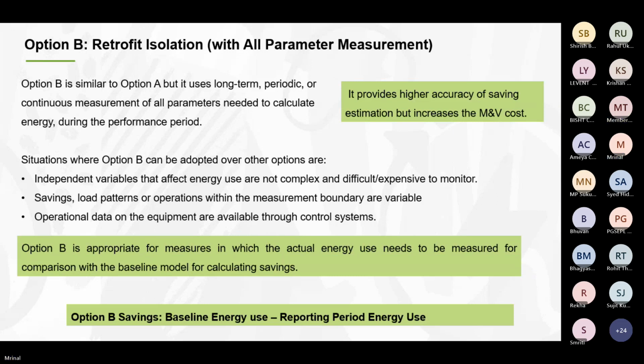It also applies where savings, load pattern, or operations within the measurement boundary are variable, and operational data on the equipment are available through the control system. So option B is appropriate for measures in which the actual energy use needs to be measured for comparison with the baseline model for calculating saving. So again, the formula will be the same as compared to option A.